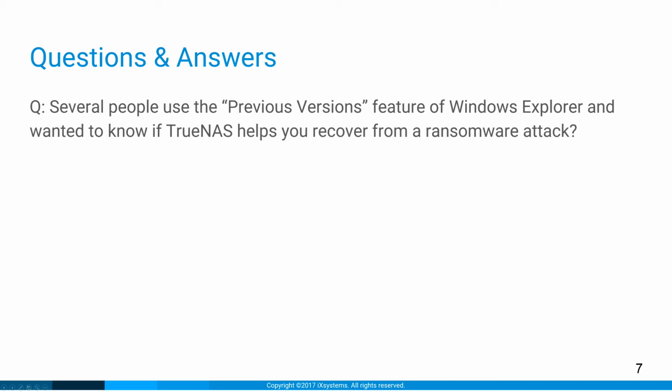So recovering from a ransomware attack, if you have an encrypted file or something like that, is very simple. Just go to your Windows Explorer, navigate to the resource, right-click, and the previous versions tab is there. Scroll down, and you'll see all of your snapshots from newest to oldest in order, and recover from as far back as you need to go. So yes, we do help you recover from a ransomware attack.